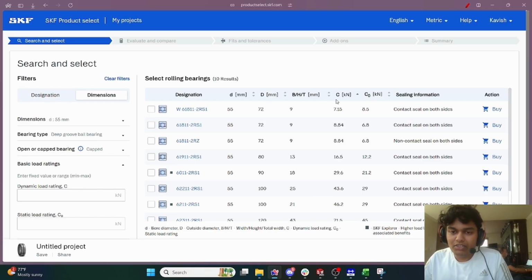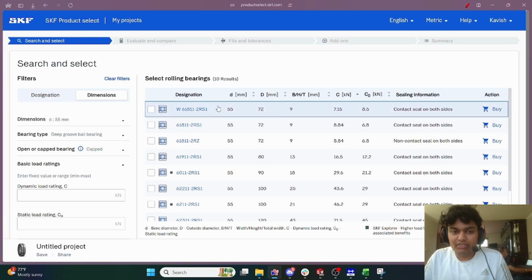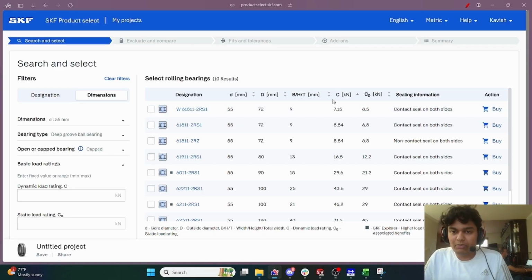And a dynamic load rating is if you were to subject this bearing, for example, 61811 2RS1, to 7.15 kilonewtons while it's spinning, not very slowly but actually doing stuff, then you can expect this bearing to last 1 million revolutions if you were to do exactly 7.15 kilonewtons.